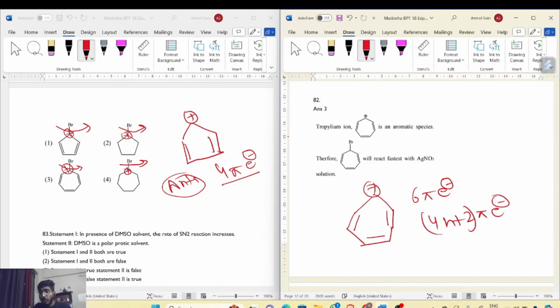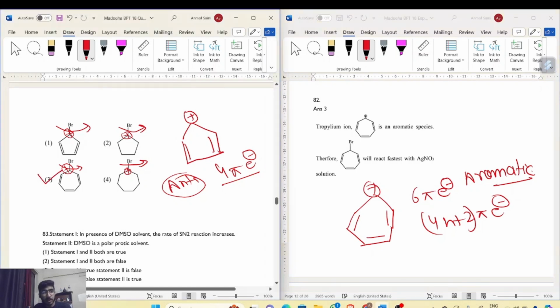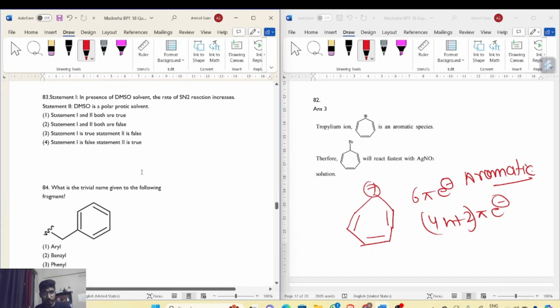So this compound is an aromatic compound, and we know that aromatic compounds are the most stable. So compound number 3 will give the fastest reaction with AgNO3. Compound one is anti-aromatic, which is most unstable, then non-aromatic, then aromatic, then also non-aromatic. So the correct answer is option number third.